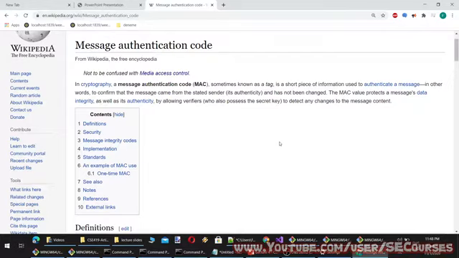So what MAC is doing is confirming the message source and its authenticity. This is not about ciphering the message. This is about verifying that the content of the message is not changed, not forged, and the source of the message is as it is claimed to be.